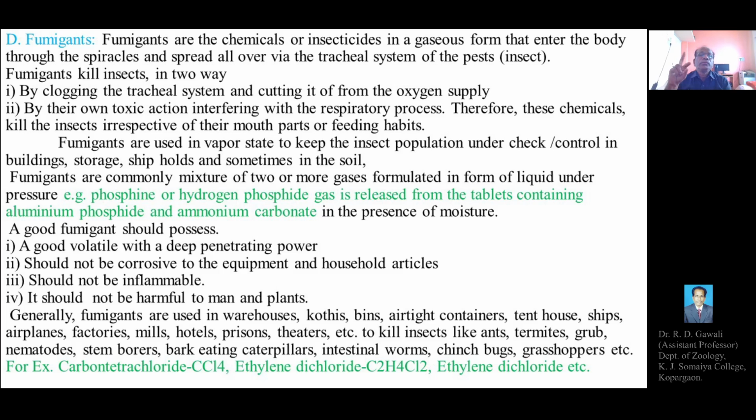So the fumigants can kill the insect pest in two ways. One is clogging or blocking of the respiratory system, and secondly, they can interfere with the respiratory process and then lead to the death of the insect pest.